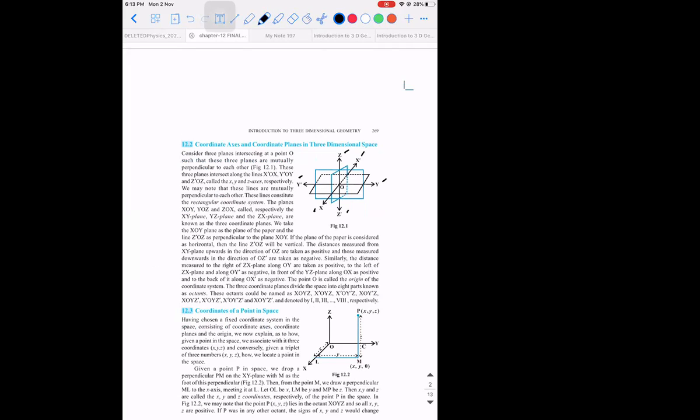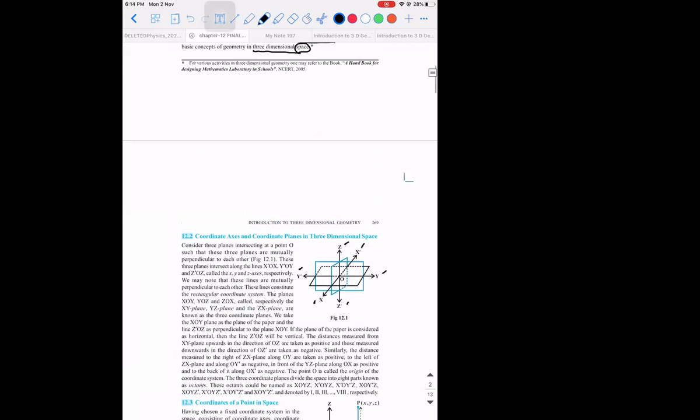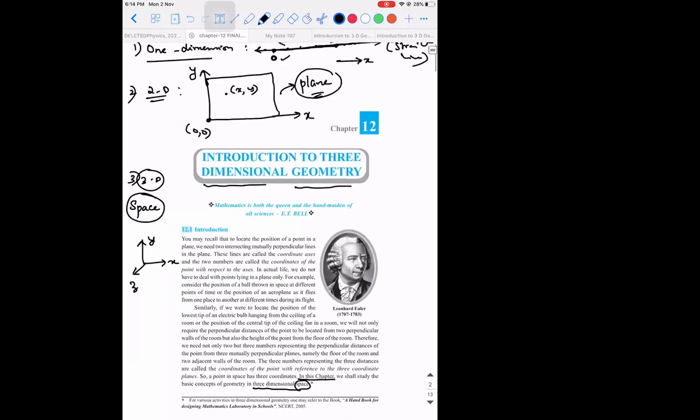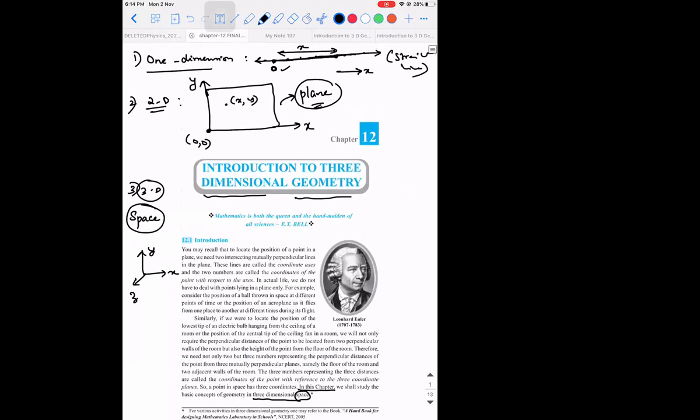Before I proceed, you need to actually visualize. Do you guys remember the distance formula in the two-dimensional plane? What is the distance between two points x1, y1 and x2, y2? Root over x2 minus x1 the whole square plus y2 minus y1 the whole square.